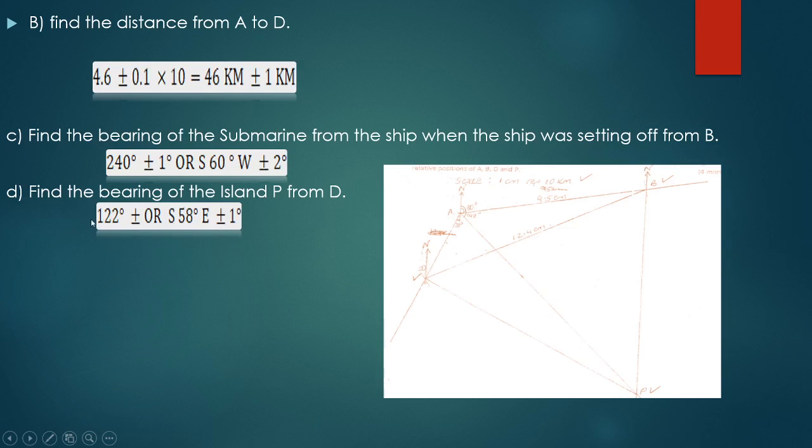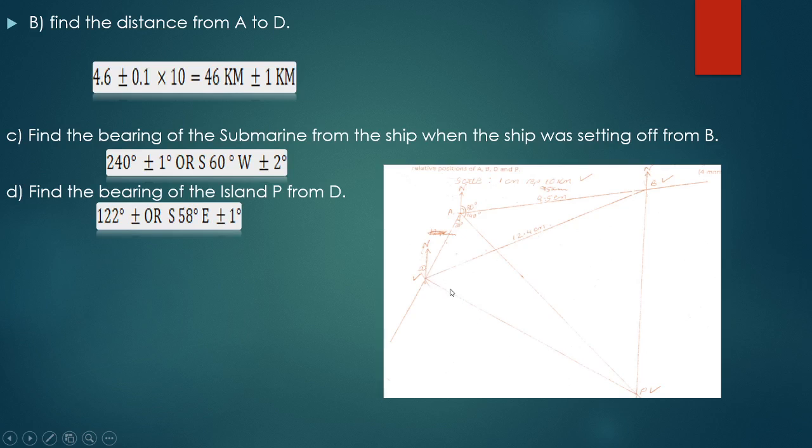Then we are asked to find the bearing of the island P from D. So we go to D and locate P. Your protractor is here, with the horizontal here and the vertical line there. You read clockwise, remembering we have a 90 there, and you will find 122 degrees at that point.